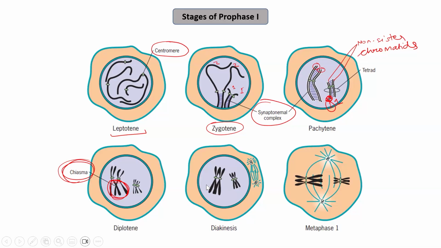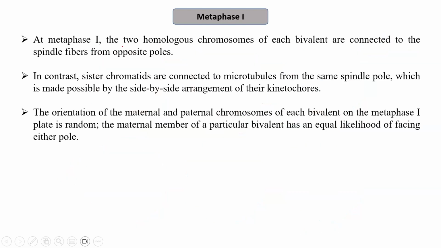After this, in diakinesis, there is a dissolution of the nucleolus and the nuclear envelope also starts disappearing, marking the next stage, which is metaphase 1. So we know that in metaphase, the two homologous chromosomes of each bivalent are connected to the spindle fibers from the opposite poles.